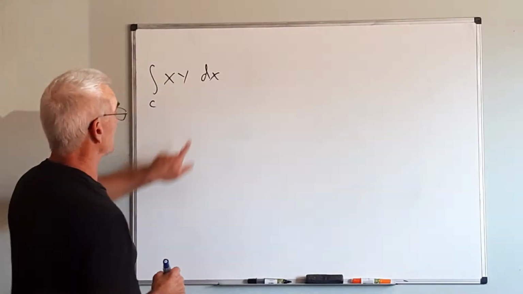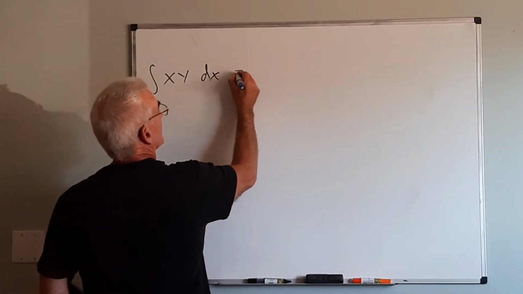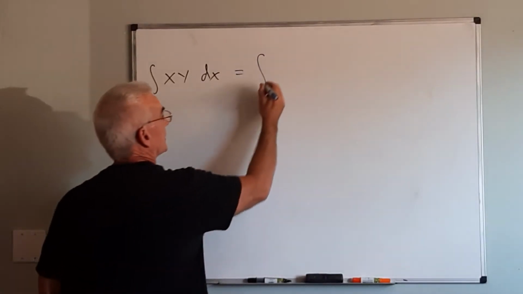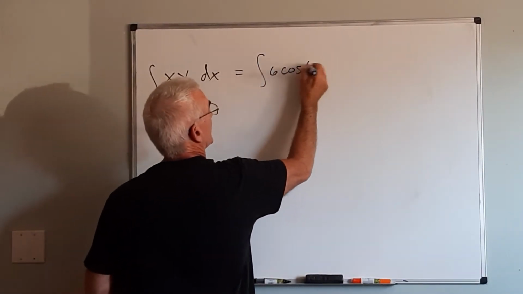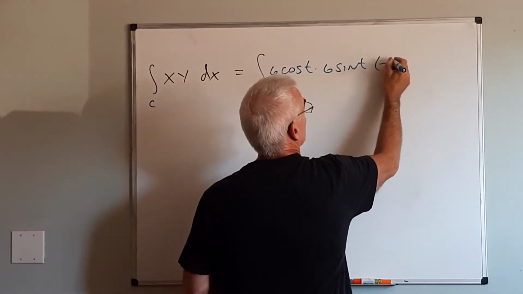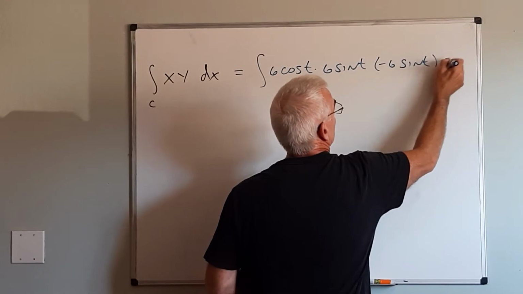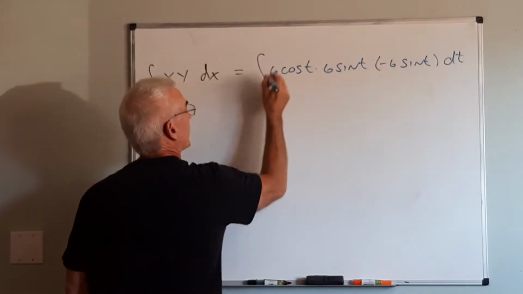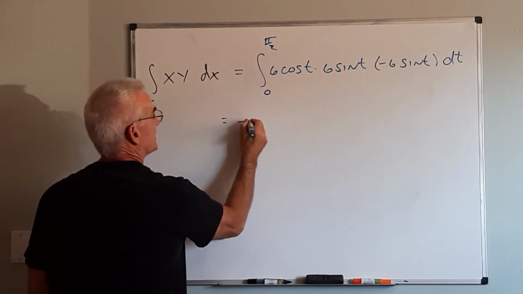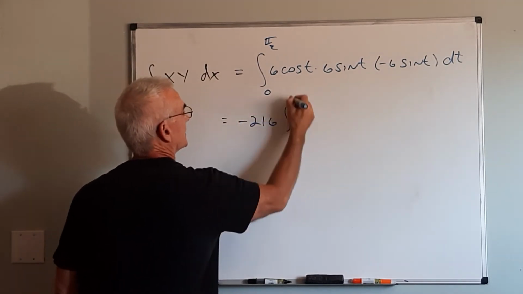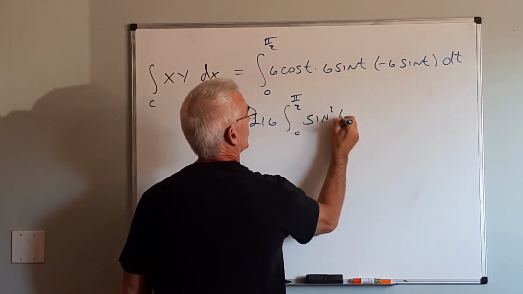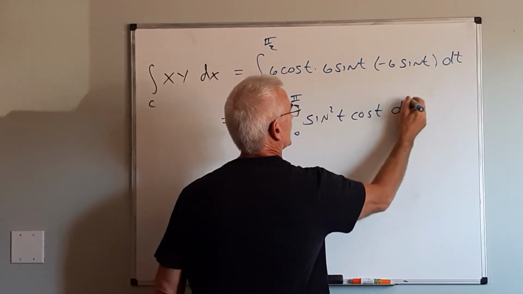So let's look at the first possible case. When I use my parameterization, I replace x with 6 cos t, y with 6 sine t, and then dx with negative 6 sine t dt, and we're integrating from 0 to pi over 2. Well, this gives us negative 216, and we get sine squared t cos t dt.